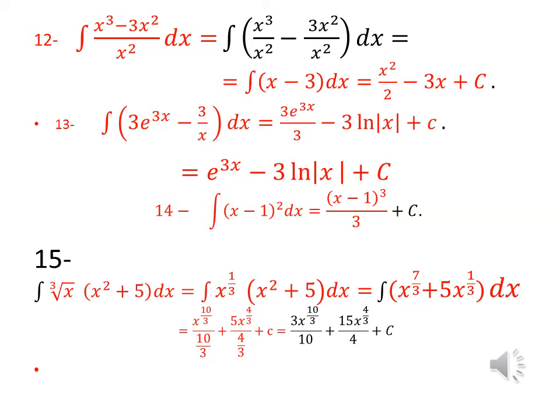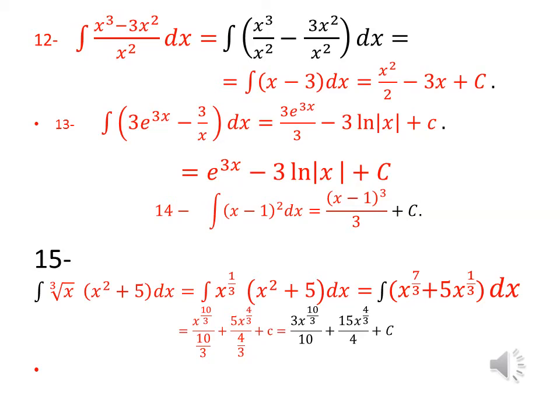We know that the integration of 1 over x is ln x. So 3 over x means 3 times 1 over x, so 3 is outside the integration. After simplification: e^(3x) minus 3 ln x plus c.